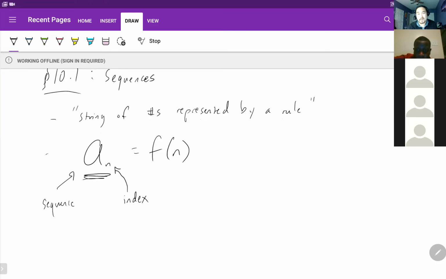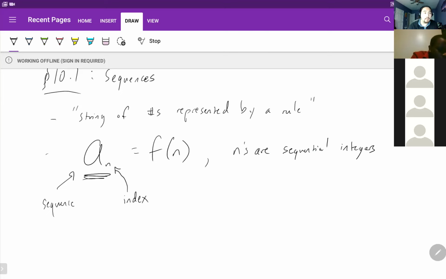You're plugging in n values, but the n's are sequential integers. What does that mean? No decimals. It's just 1, 2, 3, 4, 5, 6, 7, 8, all the way to infinity. You normally don't deal with negative numbers for inputs, but you can. It's up to you. It depends on how the sequence is defined.